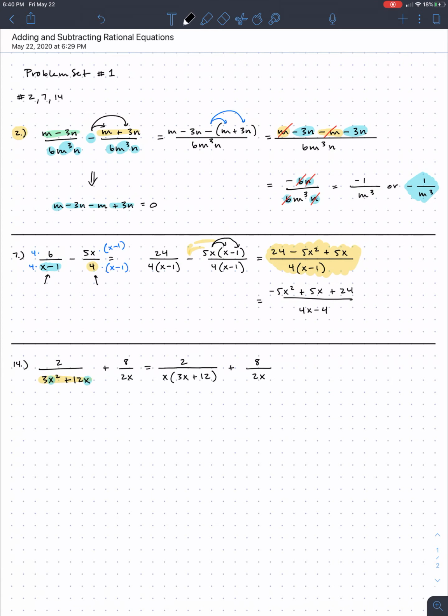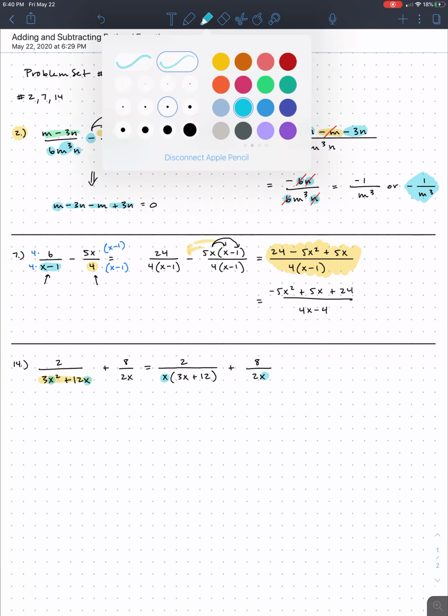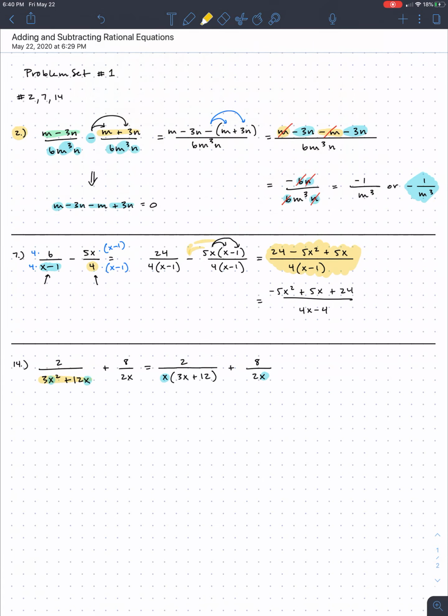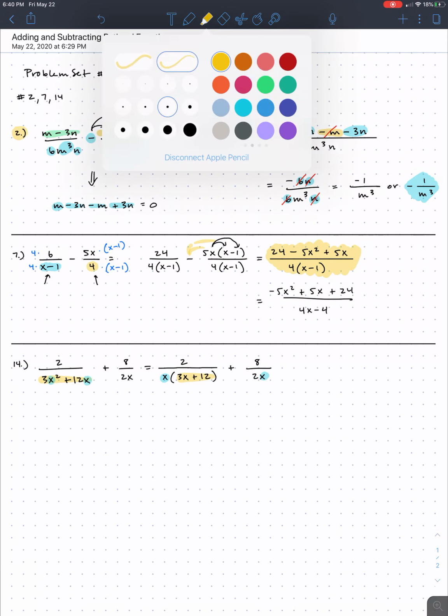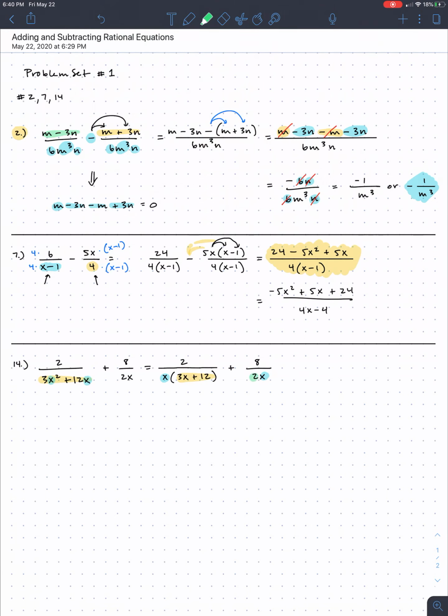So now it's a little easier to see what each of our terms have in our denominator. Both terms have an x, so that's good. But one of these terms has a 3x plus 12, and one of these terms has a 2. So now I have a clear idea of what each term needs before I get my common denominator.